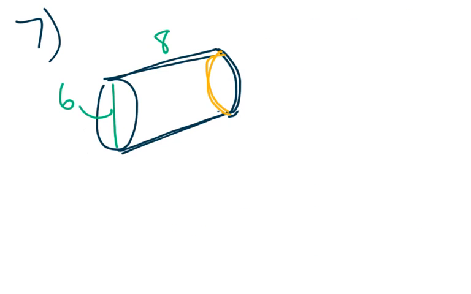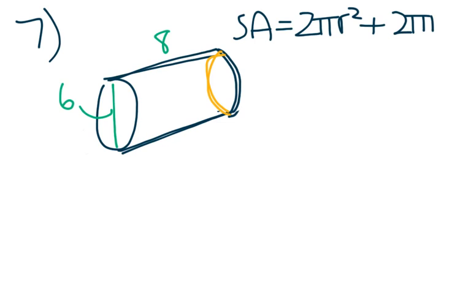Number 7. Gasco needs to construct a cylindrical steel gas tank that measures 6 feet in diameter and is 8 feet long. How many square feet of steel will be needed to construct the tank? Since a tank is hollow, we are looking at the outside of it, which means we are looking for surface area. So remember, the formula for surface area is 2 pi r squared plus 2 pi r h.